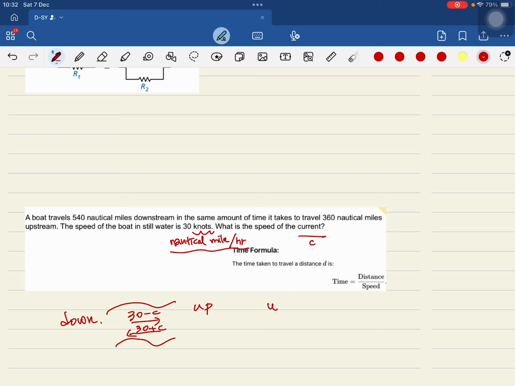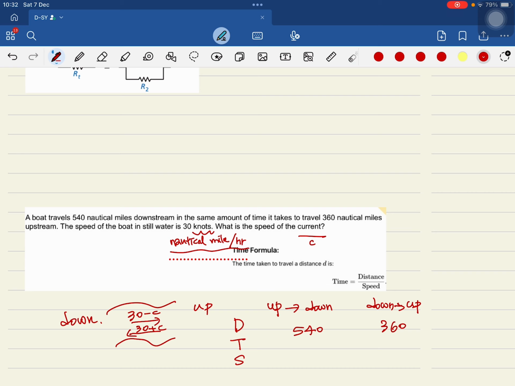So upstream, up to down, down to up, with distance, time and speed. The time is going to be the same. Downstream it traveled 540 nautical miles, and down to up 360.